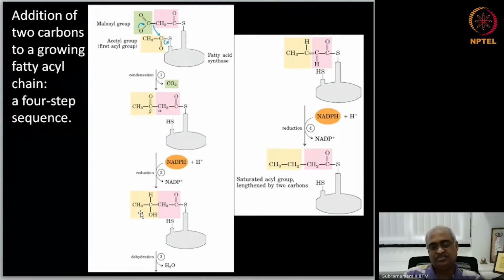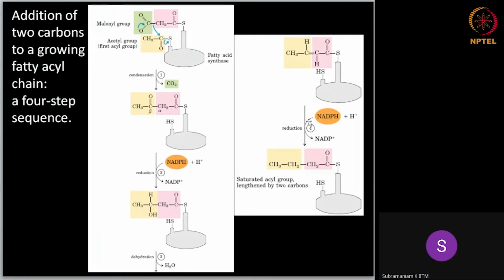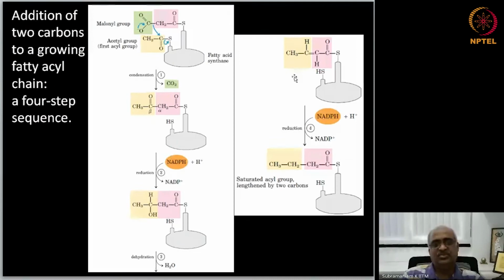Then the third step is again another dehydration, leading to a double bond there. And the next step is a reduction again, and that reduction generates a fully saturated methylene group here. So now the acetyl-CoA is extended by 2 carbons. So these are the 4 steps.